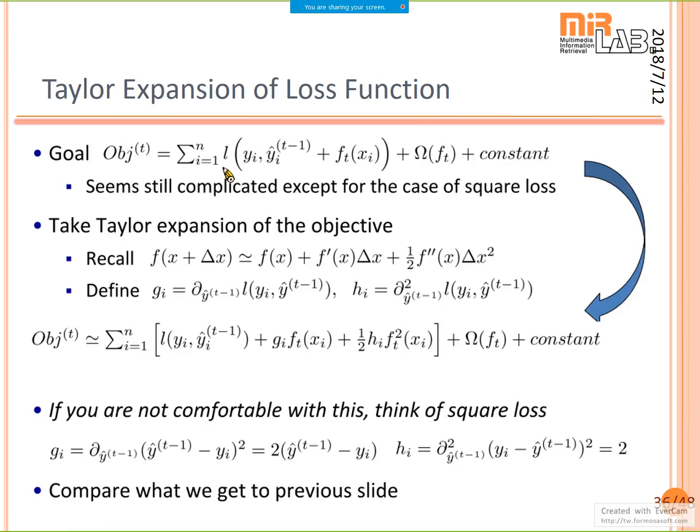If given a general loss function L here, how do you optimize it? So we can use Taylor expansion of the objective function.